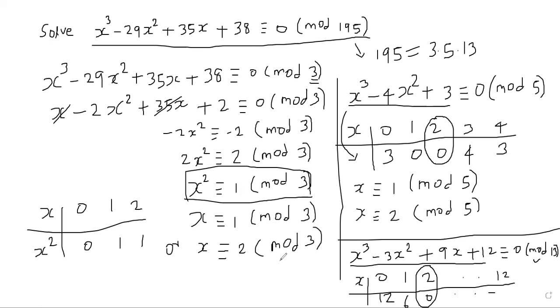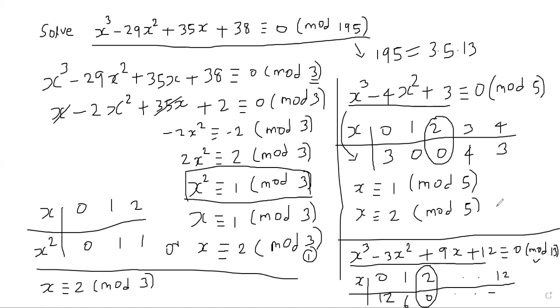So we have 3 equations. First equation, x is congruent to 2 mod 3. Second equation, x is congruent to 2 mod 5. The third equation is x congruent to 2 mod 13.